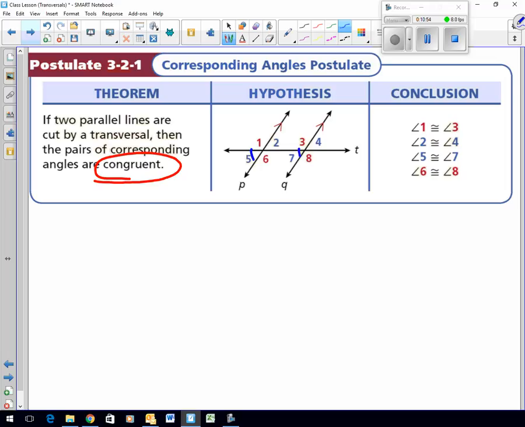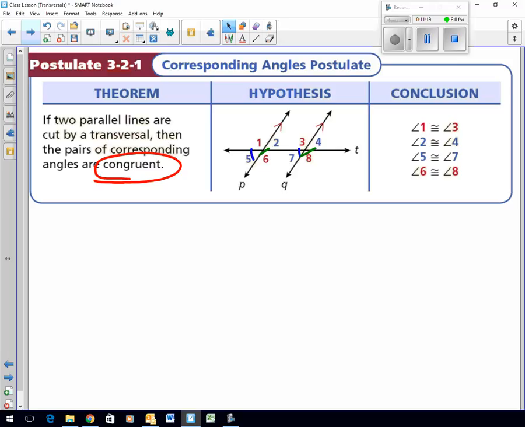That's the corresponding angle. How would you describe angle 6? Bottom right. Which one over here is bottom right? That's the corresponding angle to 6. So on and so forth. 1 and 3, 2 and 4, those are corresponding angles.